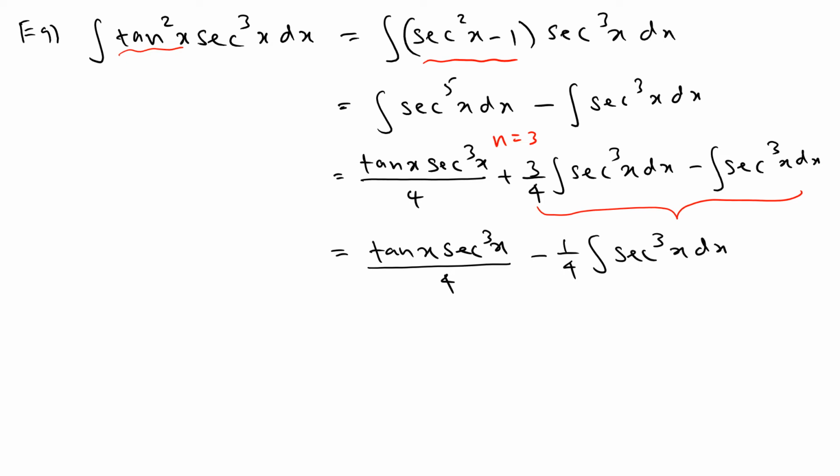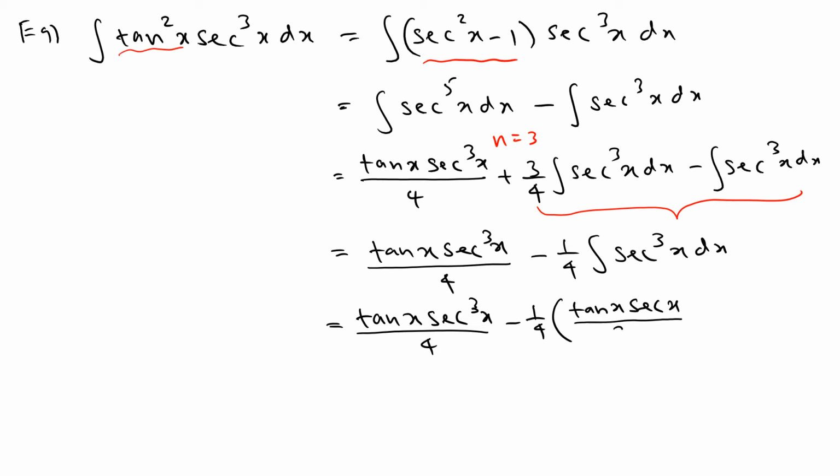Now we can use the reduction formula for that. So you're going to get tan x secant cube x over 4, and then we're going to use the reduction formula for that term. If you use the reduction formula here, you're going to get tan x secant x over 2 now, because n equal 3.